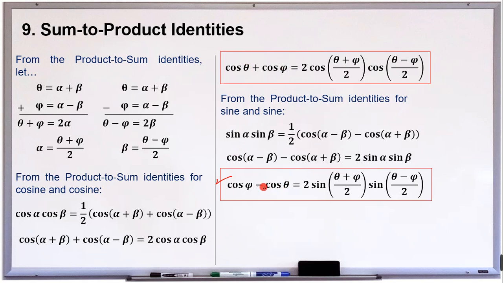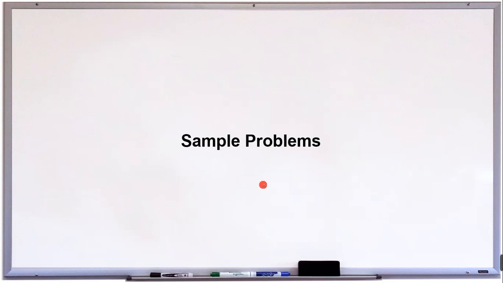It's because of the minus sign right here. Okay, now let's have some sample problems in order for us to apply those identities when simplifying trigonometric expressions or solving trigonometric functions or some equations.